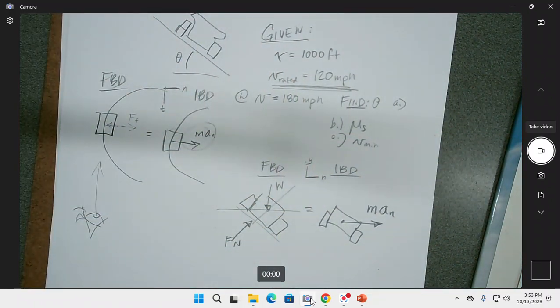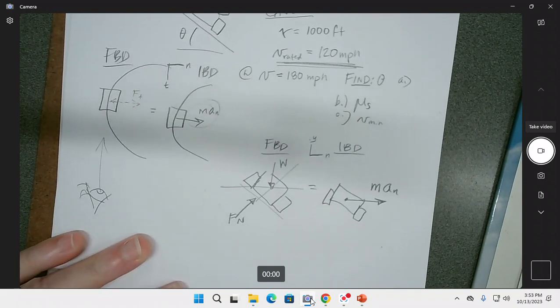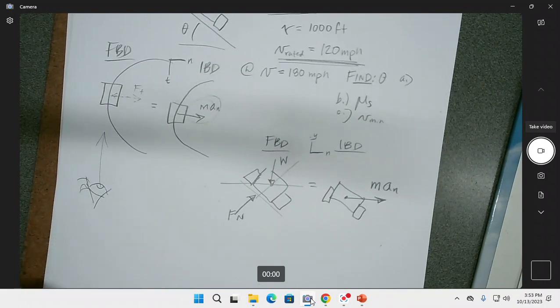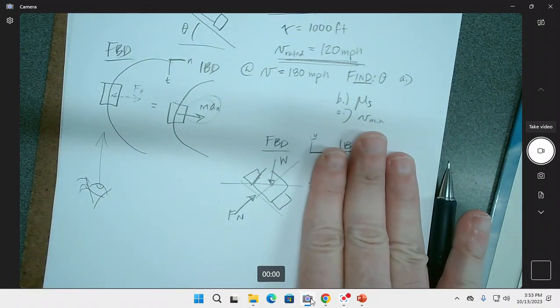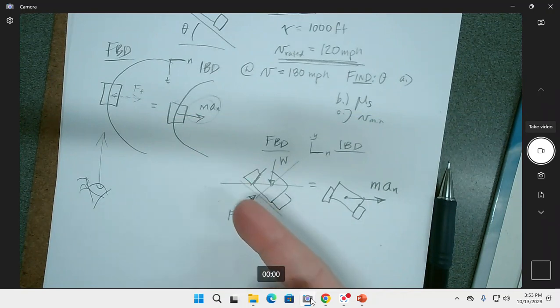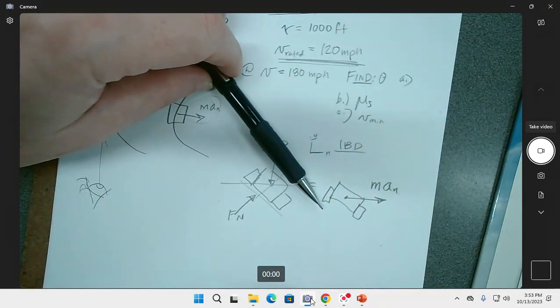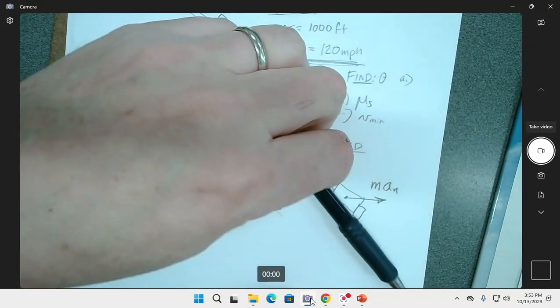So think about the two scenarios that are possible here. Think about a car that's standing still on this bank. If you just had this right here, it's a statics problem. The car is not moving. There needs to be a friction force going upwards this way to counteract the component of the weight that's coming down this way.